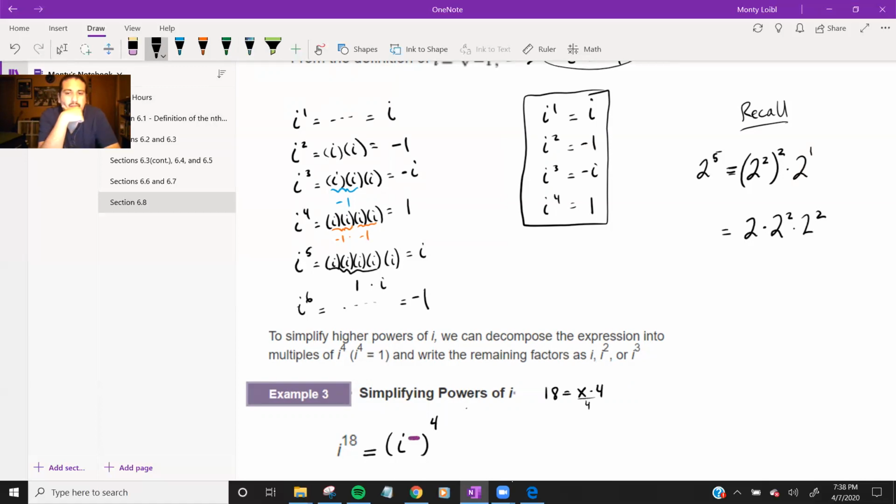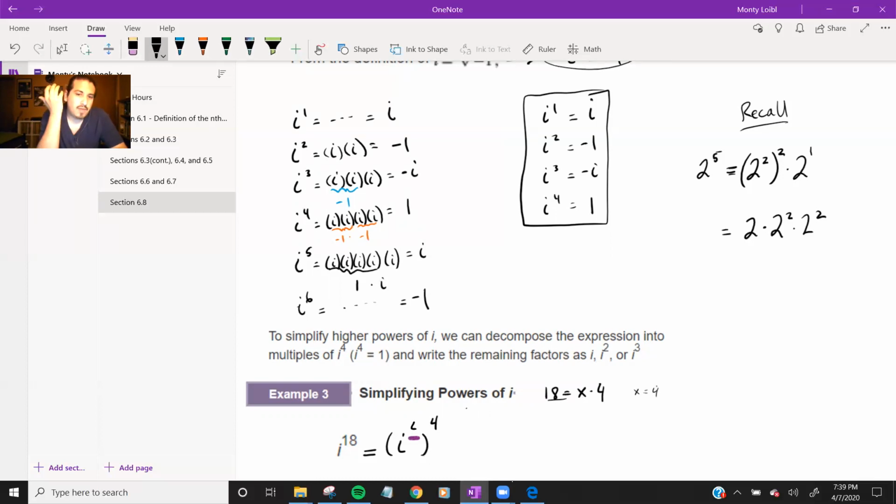Well, when we divide that, it doesn't come out evenly, right? 18 divided by 4 doesn't come out to a nice integer number. So we can go one lower, right? Hold on, let me go back. So it doesn't divide it evenly, but if x is equal to 4, well, then we get up to 16, so we're almost there.